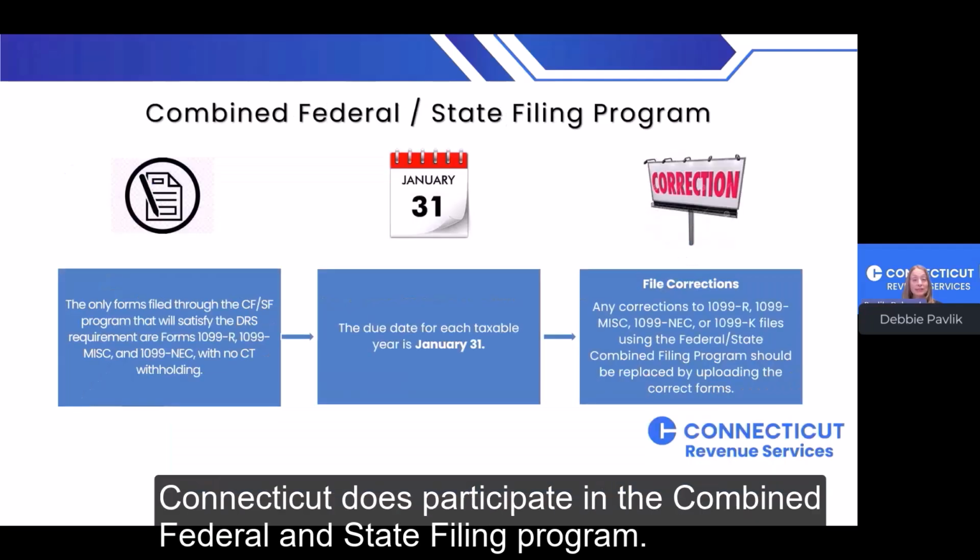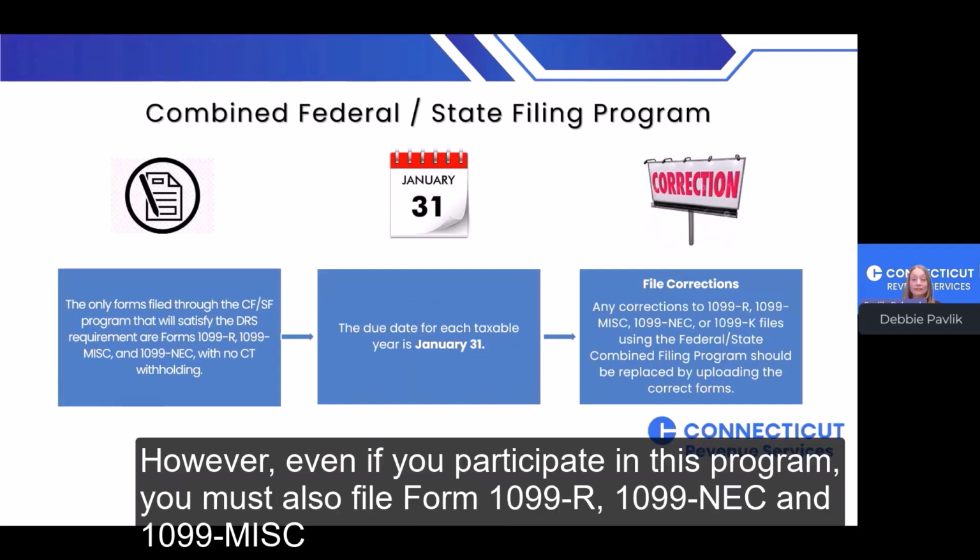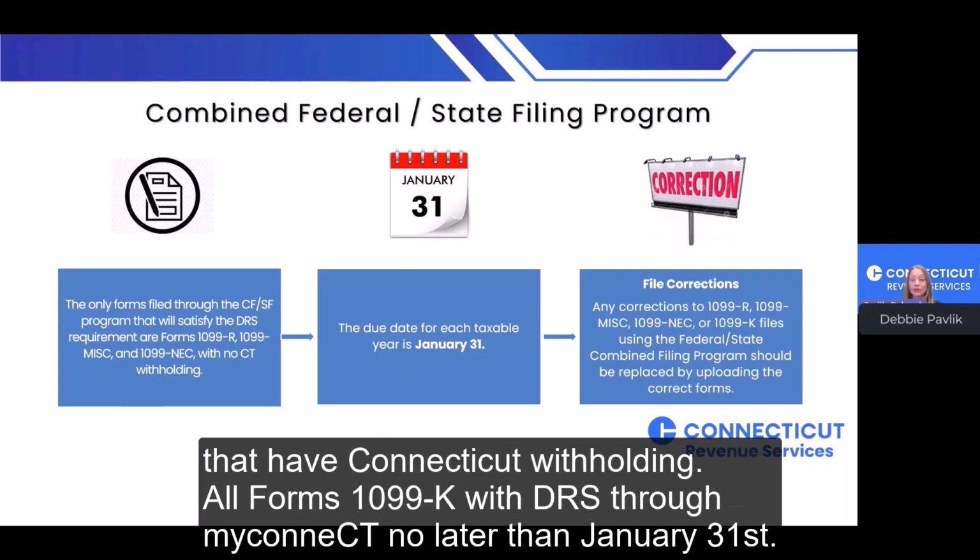Connecticut does participate in the combined federal and state filing program. However, even if you participate in this program, you must also file Form 1099-R, NEC, and miscellaneous that have Connecticut withholding, and all Forms 1099-K with DRS through MyConnect no later than January 31st.